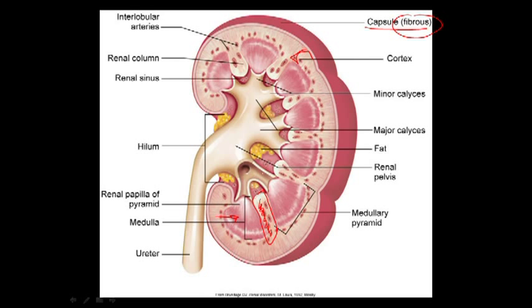So then we have major and minor calyces, and the way that you can keep these straight is the minor are this area here.